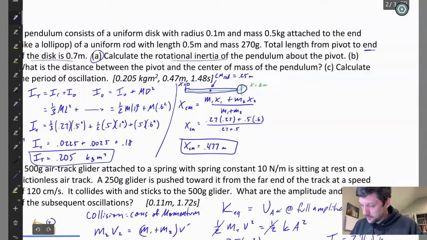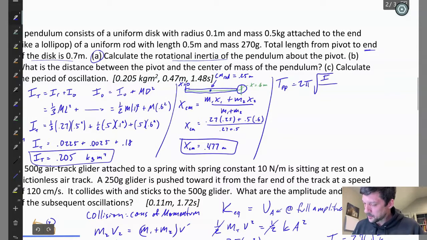And now let's find out the period of oscillation. All right, so we go back to that period for a physical pendulum. Period for a physical pendulum is 2 pi root I over mgh, again, where h is not the height that it falls, but h is the axis to center of mass distance, which we just found.